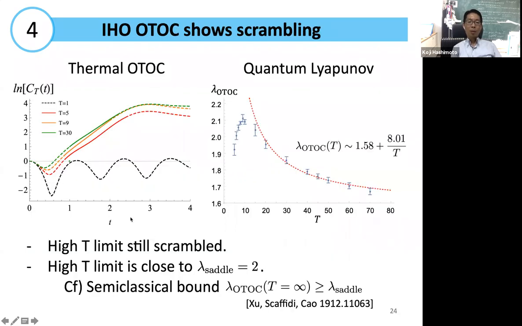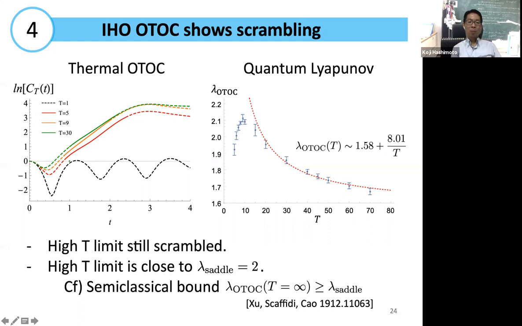But when you increase the temperature, you can include the higher energy effect. And then at one point, it starts growing exponentially.